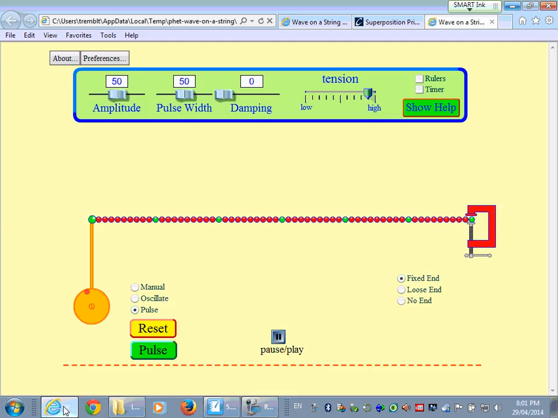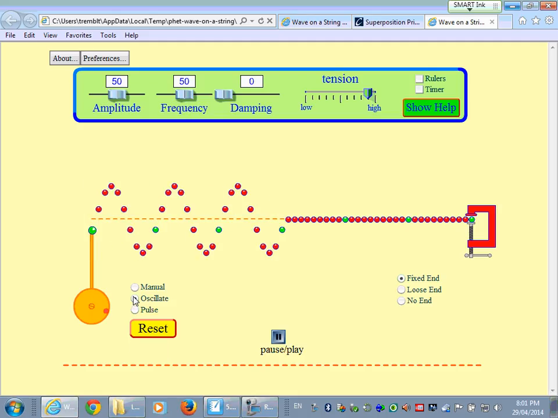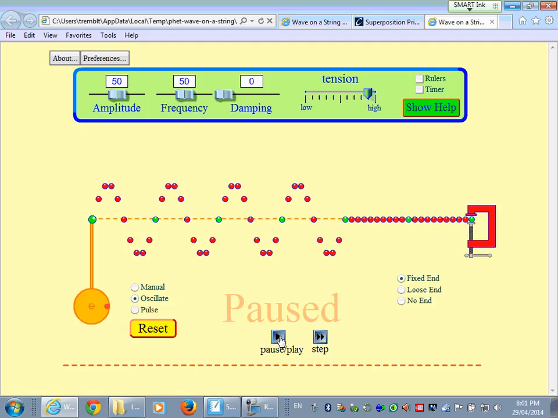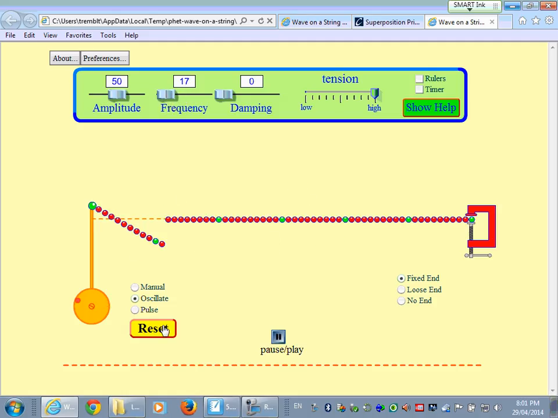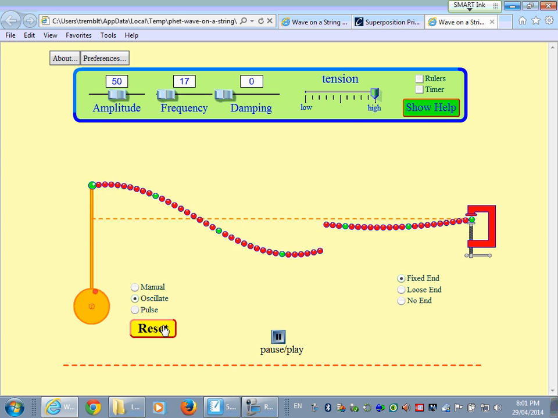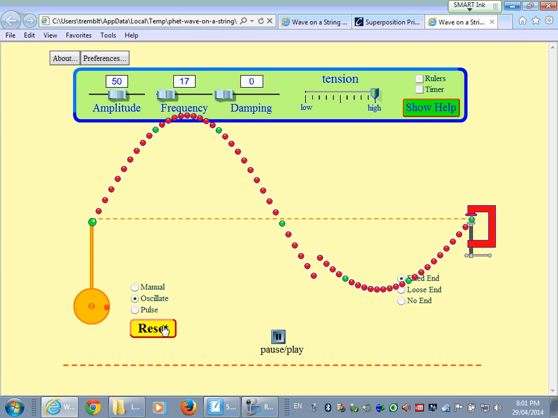So instead of a pulse, I'm going to have an oscillation, and we're going to have to fiddle with this. So hold on a second. We're going to have to fiddle with this just a little bit, and let's see. Heighten our tension. Let's bring our frequency way down. 17. Reset. Not that far down.